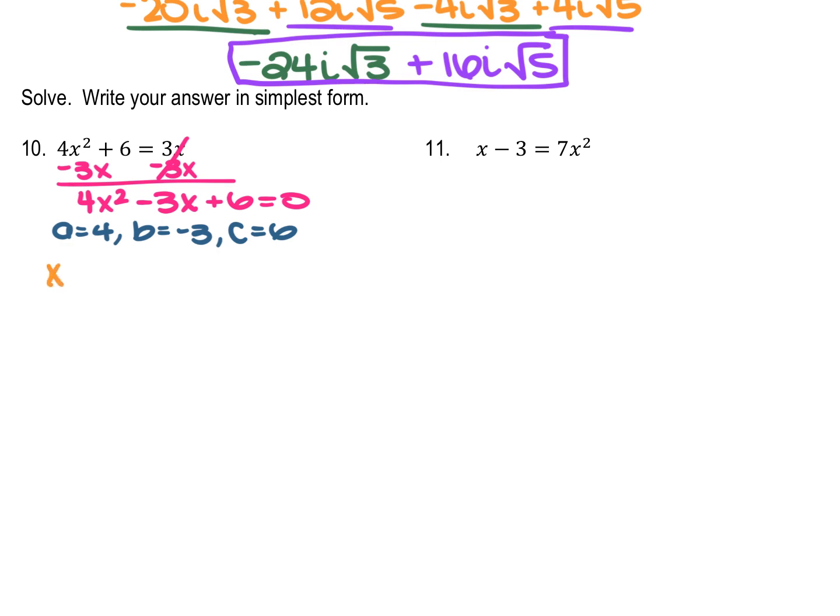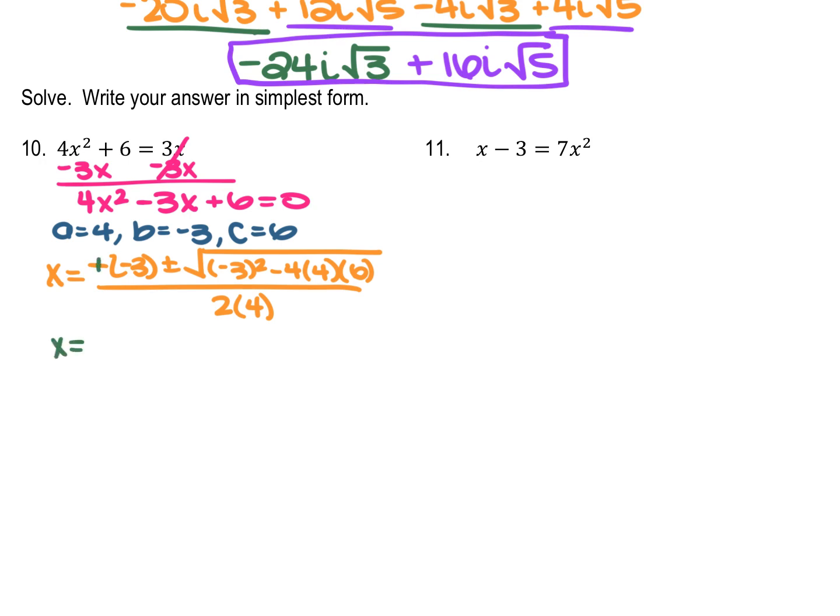So this is going to leave you with x is equal to the opposite of -3, plus or minus the square root of -3 squared, minus 4 times 4 times 6, all over 2 times 4. The opposite of -3 is +3. The 3 squared is 9. You have -4 times 4, which is -16.